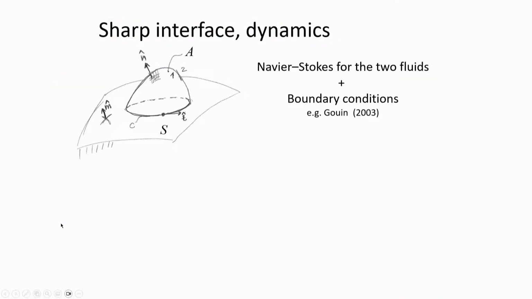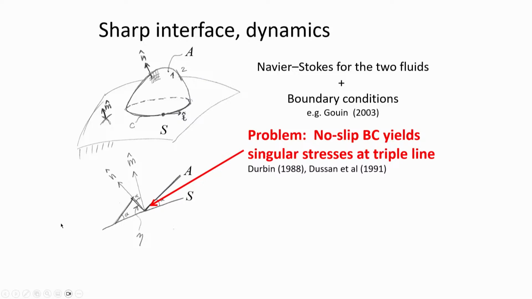Okay. So what do we know about the dynamics of wetting? Well, first, if you try to solve this problem with a sharp interface model, you will run into a very significant problem. Our typical boundary condition between solid and liquid is no slip.